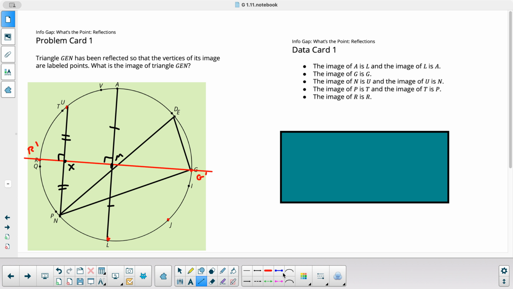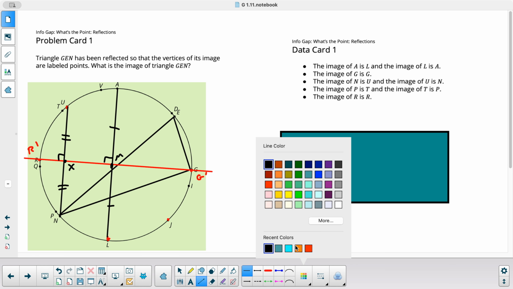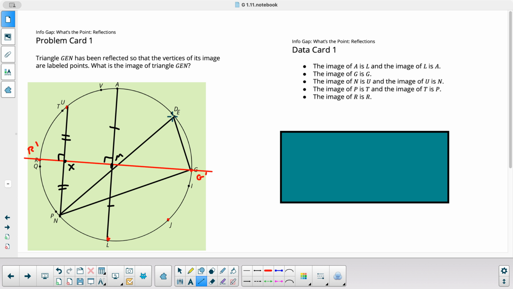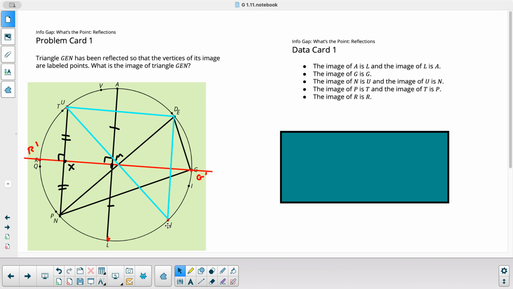So my new triangle is E, J, U. I'm sorry. That's not right. It's G, J, U. Sorry. G stays the same.